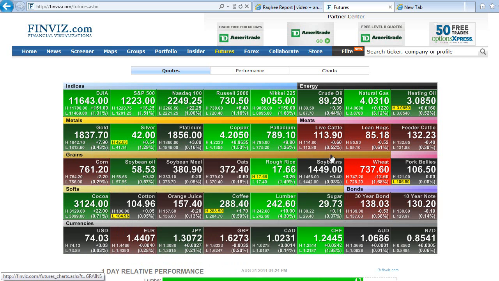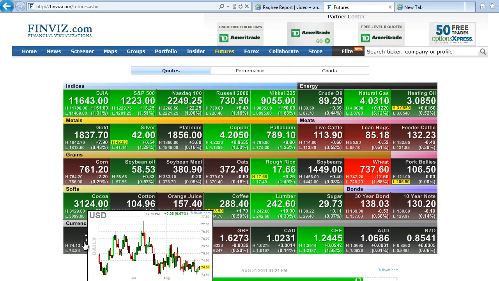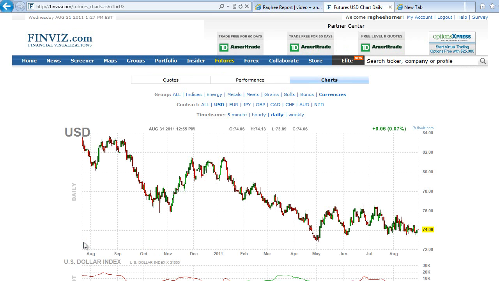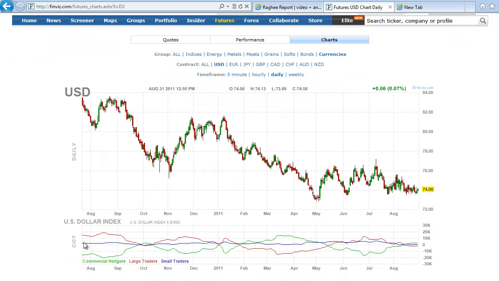The first 4 rows you'll notice are the indices, and then metals, grains, meats, softs, bonds, currencies, and then you have the US dollar. Probably the most important of my Forextra, my Forex Market Pulse. You can see it gives you a lot of information, COT information, which is the commitment of traders. You understand the long and short positions in the market.